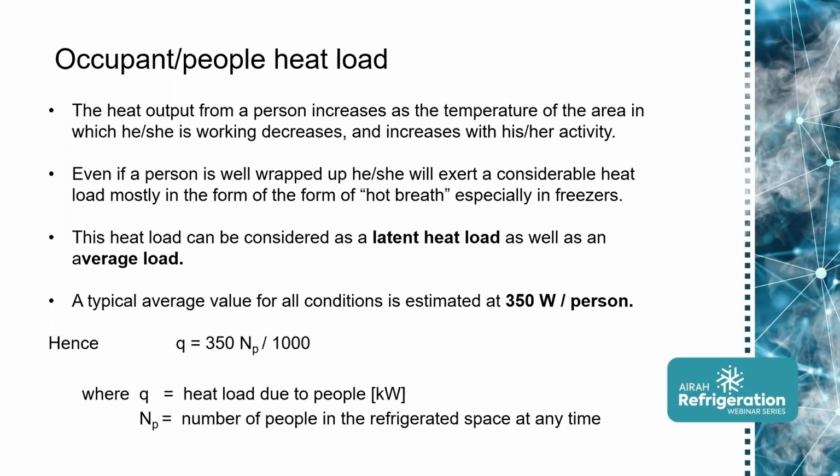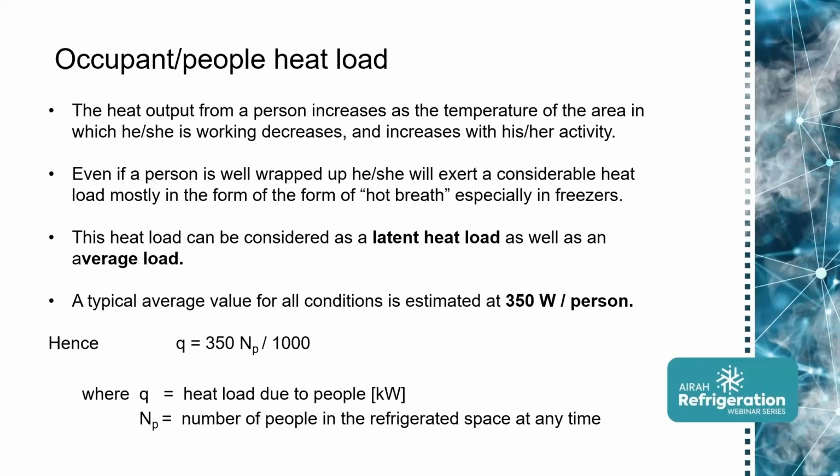Now, even though the people working in the room wrap up in warm clothing, the occupant will also exert a considerable heat load, mostly in the form of hot breath, especially in freezers. Now, this load can be considered as a latent heat load because of the water vapor coming from the hot breath, and also considered as an average or mean load.